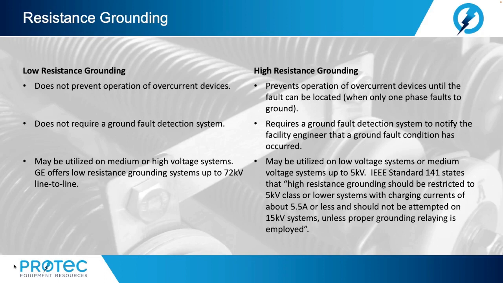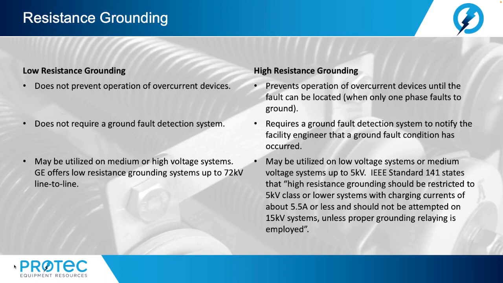However, in HRG, it requires a ground fault detection system to notify the facility engineer that a ground fault condition has occurred. In LRG, it may be utilized on medium or high voltage systems. As a matter of fact, GE offers low resistive grounding systems up to 72,000 volts line to line.